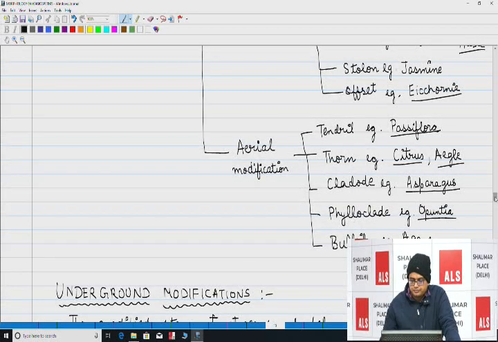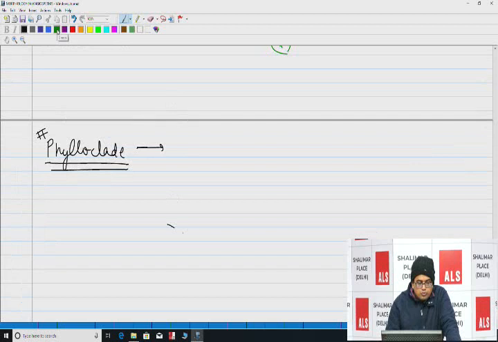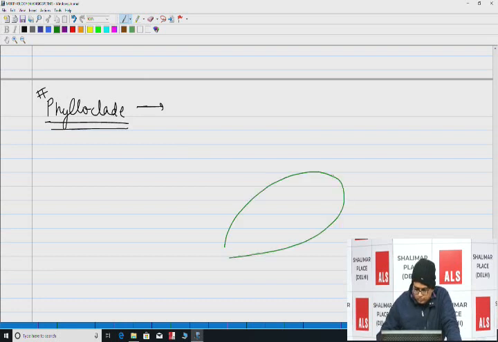Phylloclad is found in, as I told you, Opuntia. Okay. Let us draw Opuntia now. Like this.